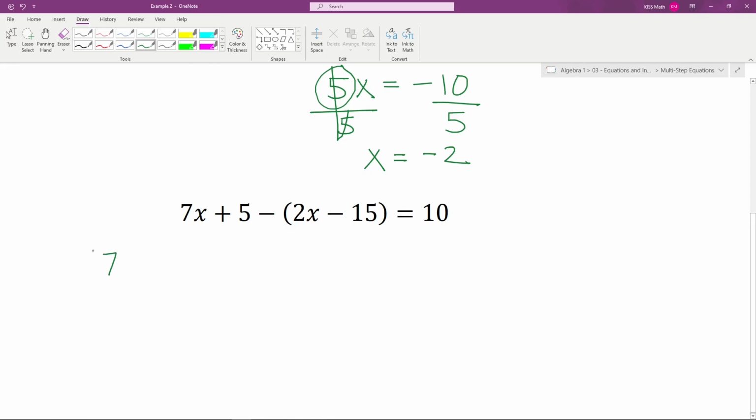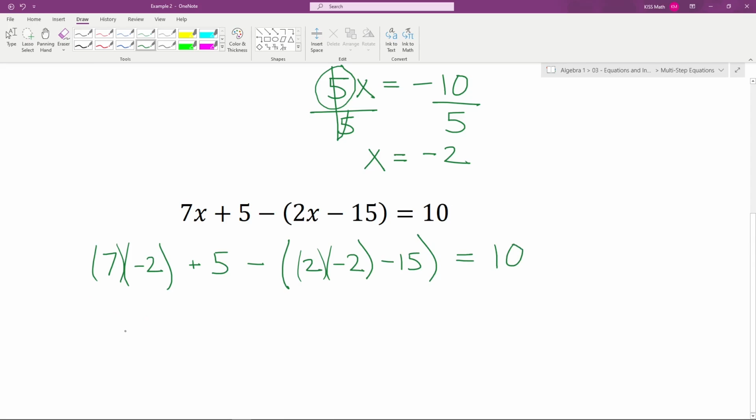So 7 times negative 2 plus 5 minus parentheses 2 times negative 2 minus 15, close parentheses, equals 10.